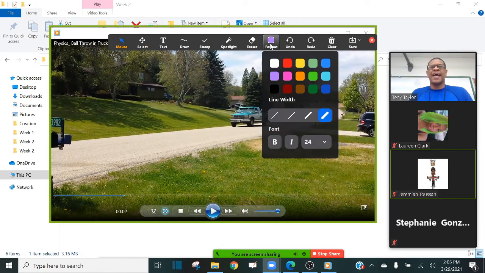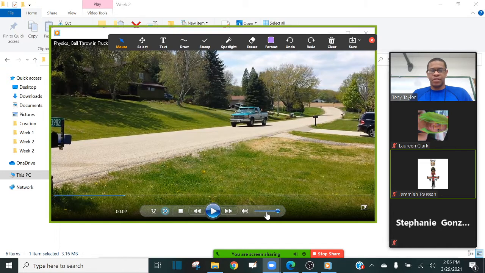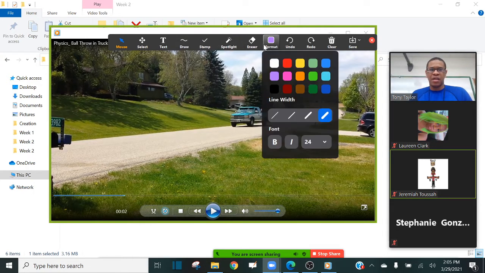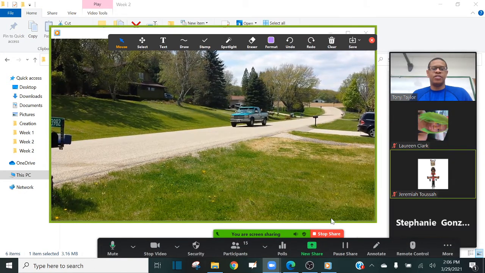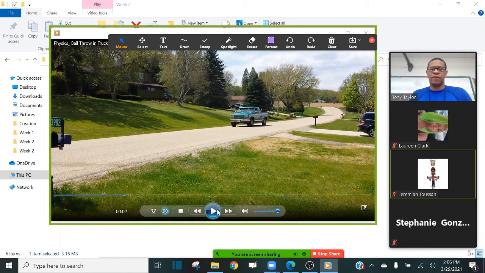Okay, and guys, watch closely the path of the ball the moment it's released from the boy's hand. I'm going to play this at normal speed and then I'm going to play it in slow motion. It's easier to see it in slow motion. So let's look at normal speed first.